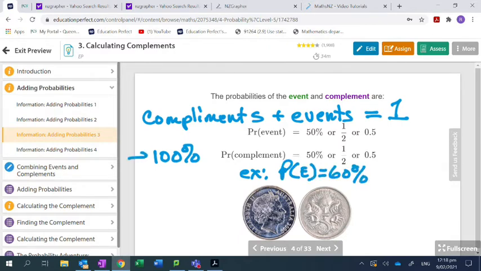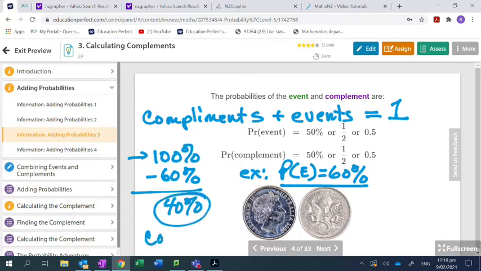Well, if every possibility is 100%, and the probability of having the event happen is 60%, how can I find out what's left? What operation would I use? Exactly. I would just simply subtract them, which gives me 40%, and this 40% would be the complement. So, to find the complement, okay?